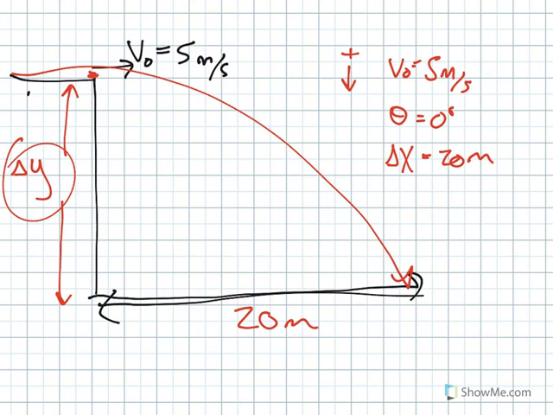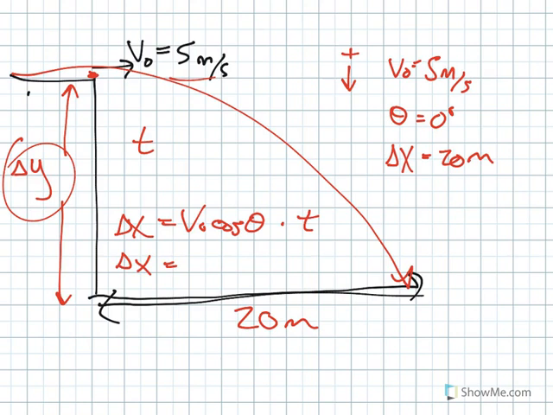So check it out. I have enough information here to figure out time. I can figure out how long it is in the air, because I know its horizontal velocity, and I know it traveled 20 meters horizontally. So for those of you that love these equations, delta x is v naught cosine theta times t.